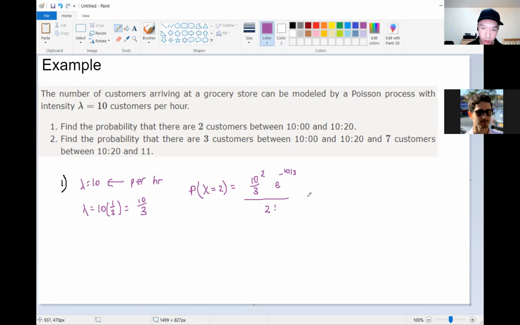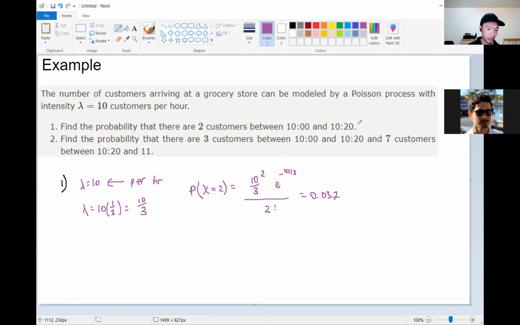Okay, so I got 0.037 approximately. So this is the probability that 2 customers arrive between 10 and 10:20.